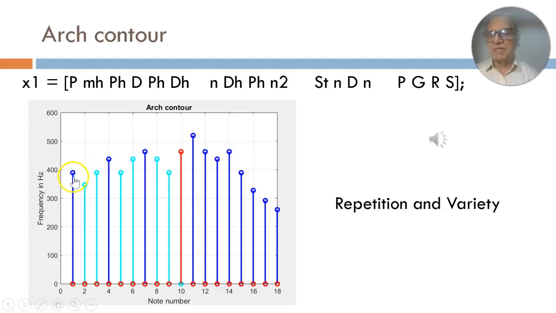What about the pitch pattern? If you look at the overall slope here, the pitch keeps on increasing, hits the maximum and comes down smoothly. So this is where the question is asked, and this is where it is answered. But in between, you can have small patterns themselves.